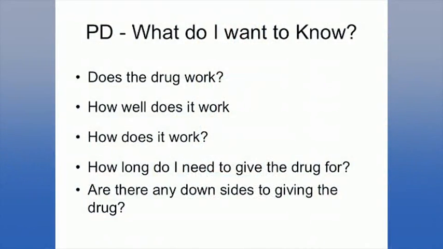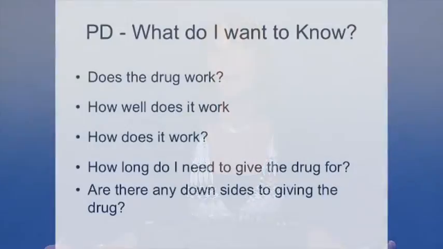How does it work? Now this is the fascinating part of pharmacology, the mechanism of action. How do drugs actually bring about the responses that we're looking for? And equally importantly, how do drugs bring about the responses that we don't want? And can we manipulate this so we maximize efficacy and we minimize toxicity?